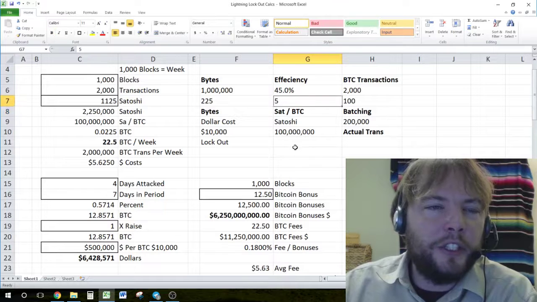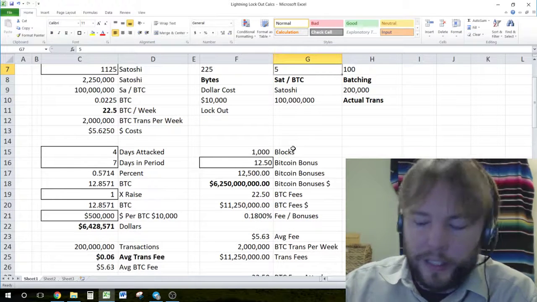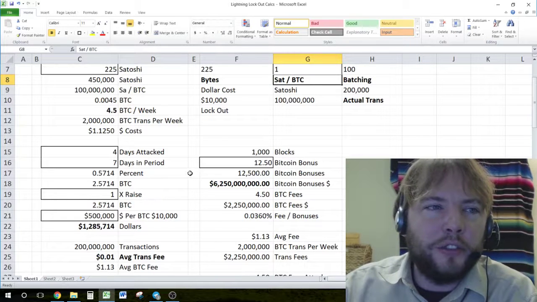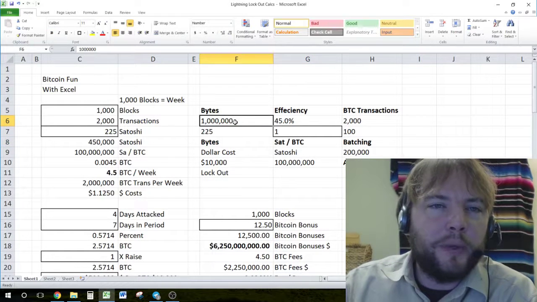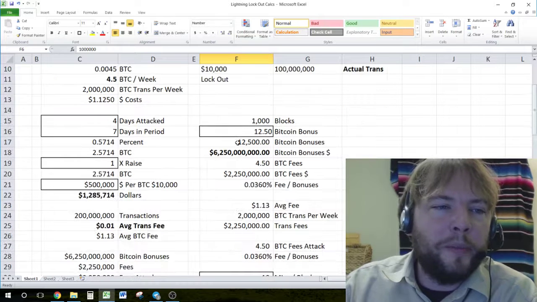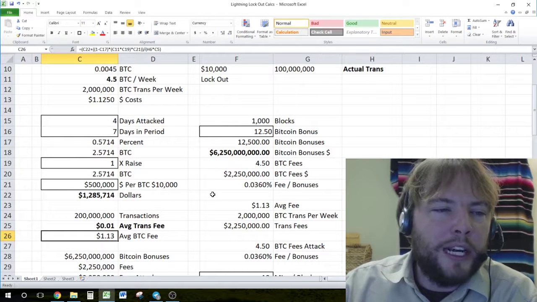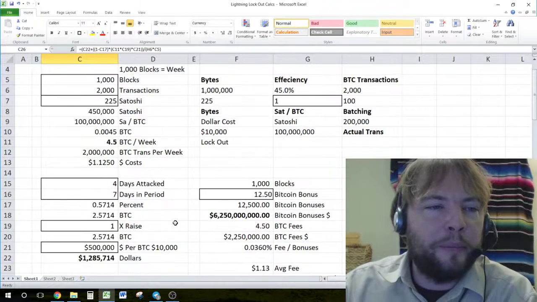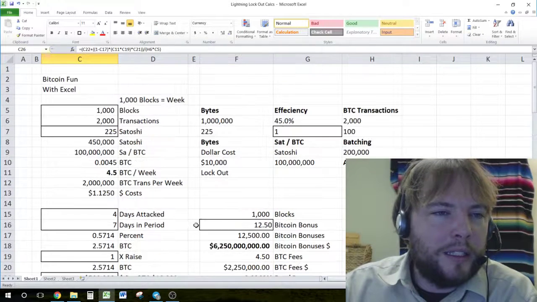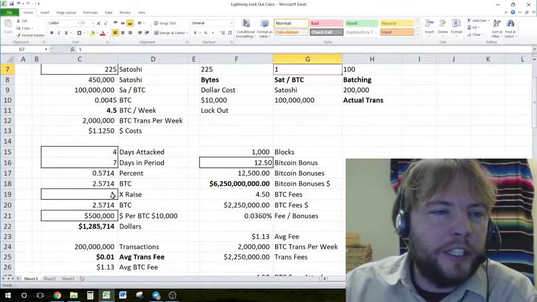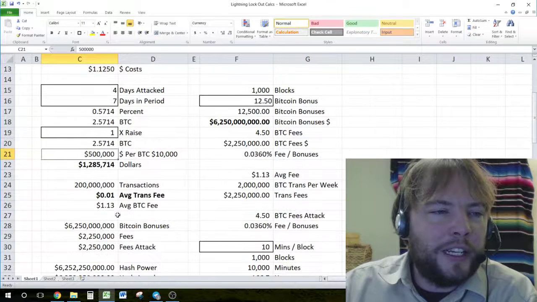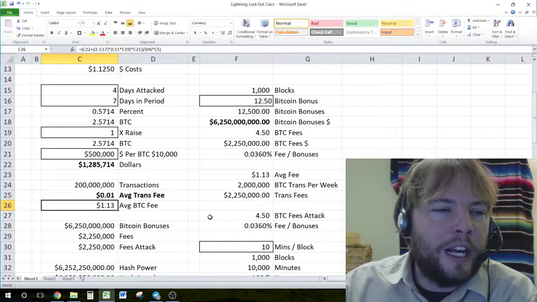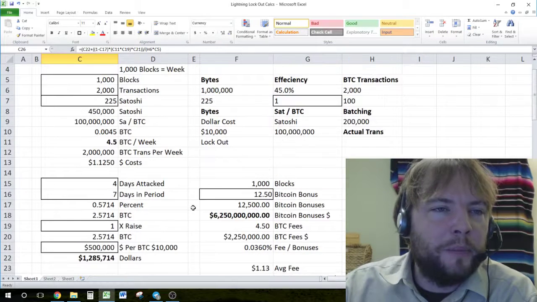The average Satoshis per Bitcoin transaction, let's just bring it down to one, just so that you can see the initial formulas. Assuming that we are still on a 1 megabyte block, we are now having a $1 average Bitcoin transaction fee. So with a 1 megabyte block, at one Satoshi, at $500,000, you cannot ever get below $1 per Bitcoin transfer.